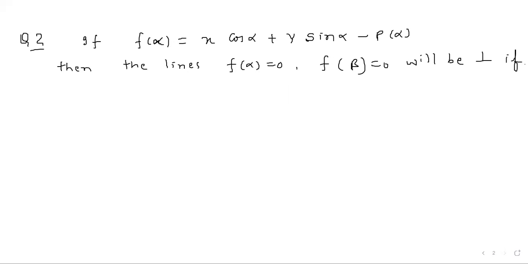We have to find out the condition when the lines f(alpha) equal to 0 and f(beta) equal to 0 will be perpendicular. So let's put f(alpha) equal to 0.